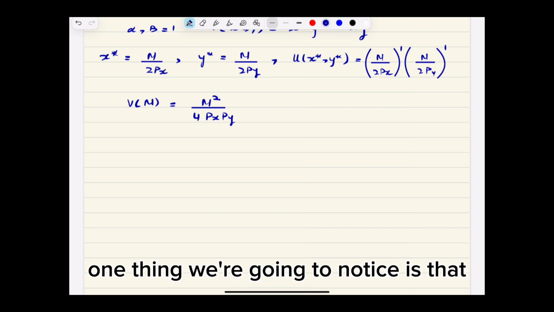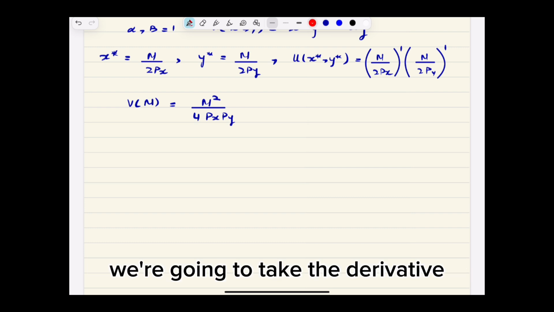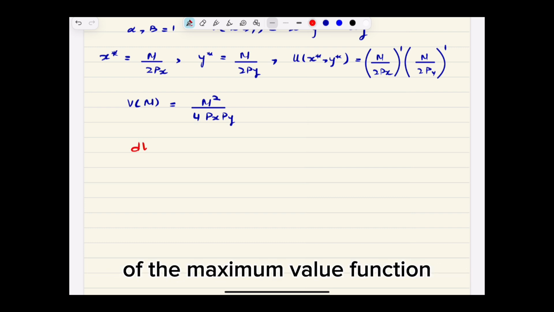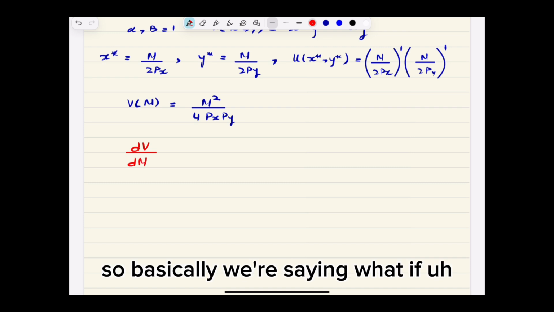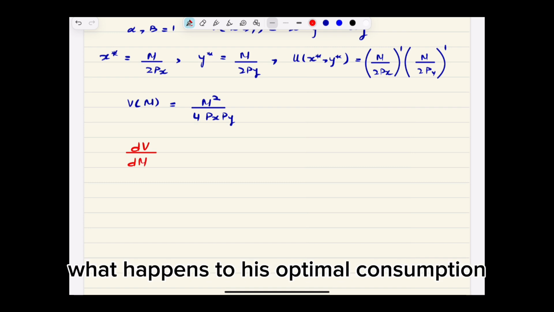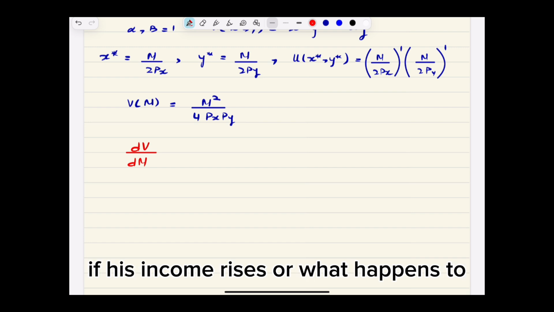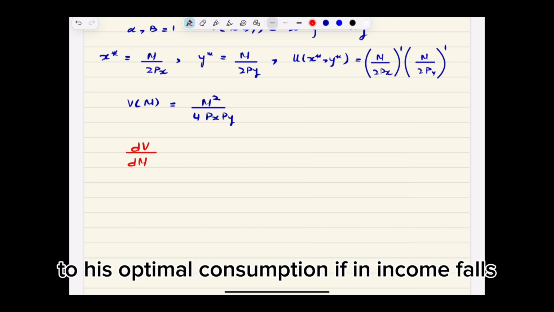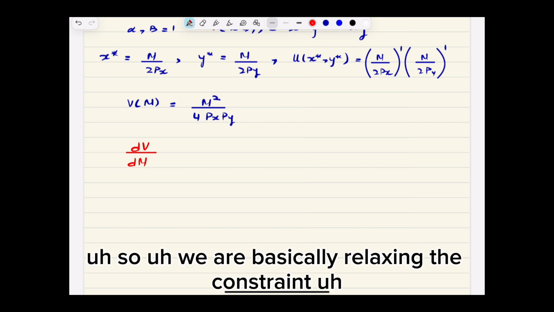Actually, one thing we're going to notice is that we're going to take the derivative of the maximum value function with respect to income. So basically we're saying, what happens to his optimal consumption if his income rises, or what happens to his optimal consumption if income falls. So we are basically relaxing the constraint.